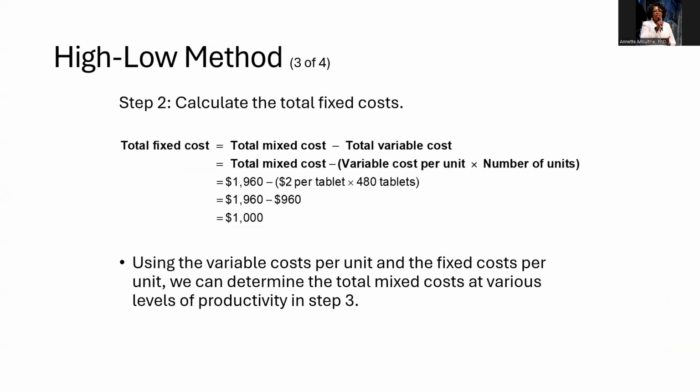In step 2, we calculate the total fixed cost. Now, this example uses the highest volume and its mixed cost to calculate the total fixed cost. But you can also use the lowest volume and its mixed cost to calculate the same $1,000 total fixed cost.